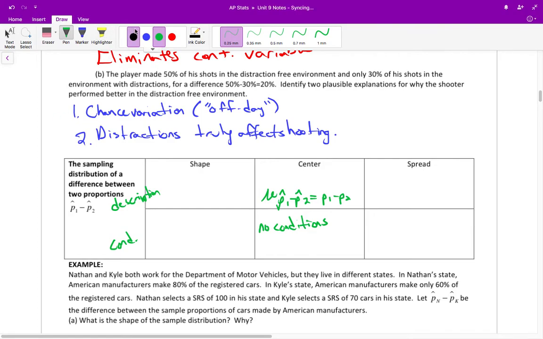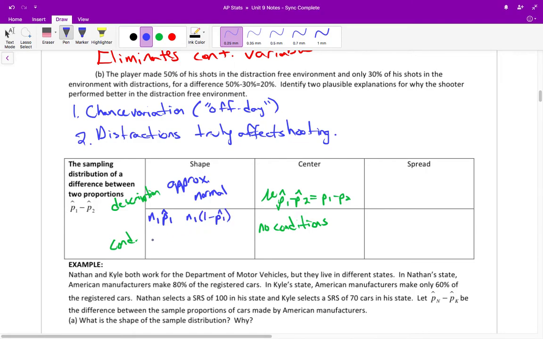Now, for the shape that I kind of skipped over, normally you'll have something that's approximately normal. The conditions you need to check to ensure that it's approximately normal: you need to take n1 times p hat 1 and multiply together. You also need n1 times 1 minus p hat 1.